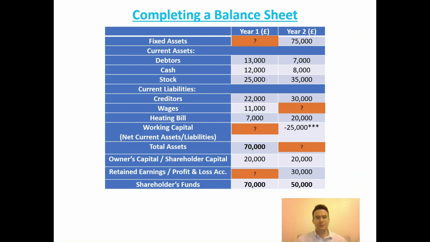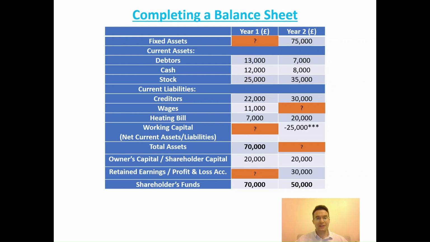And right at the bottom, we have something called shareholders' funds. Now, the reason why this is called a balance sheet, hence balancing, is because the total assets in year 1, you can see 70,000, always balances with the shareholders' funds. So what is shareholders' funds? Well, it's essentially the amount of equity within a company that belongs to the shareholders.